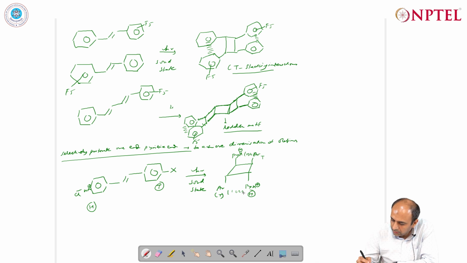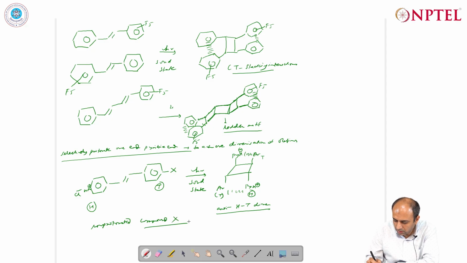So this leads to the formation of an anti head-to-tail dimer. It is also to be kept in mind that the unprotonated compound does not react at all.